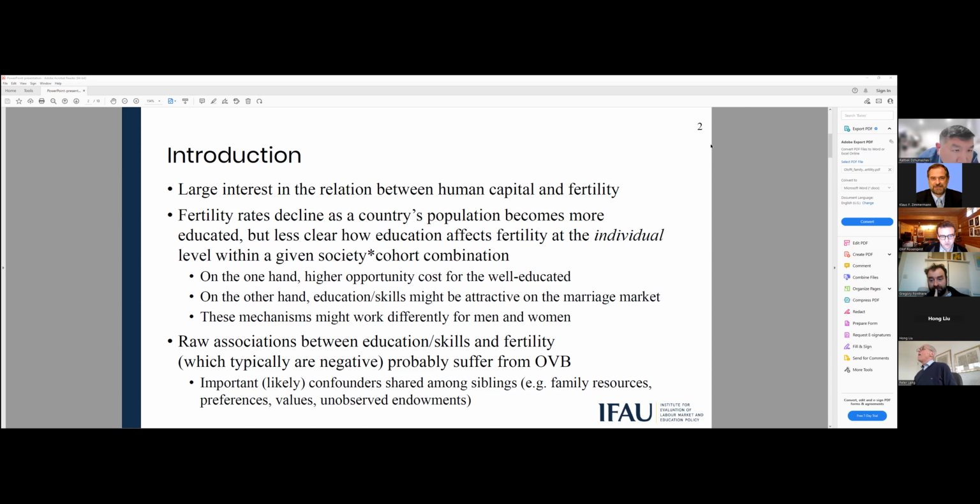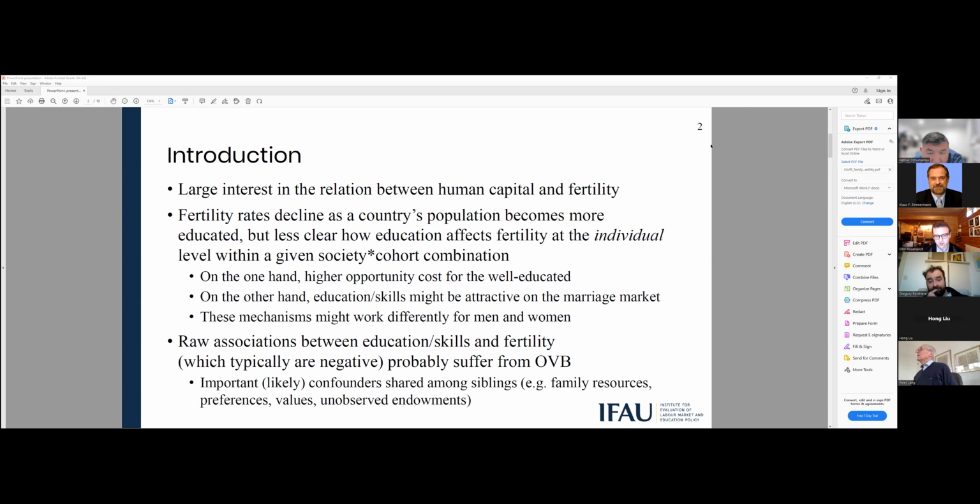And if you look at the raw associations between education or different skill measures and fertility, which typically are negative, almost always negative for women at least, it's very likely that they suffer from different degrees of omitted variable bias. And we argue in this paper that some of the most important or likely confounders here are going to be shared among siblings. So for example, family resources, preferences over education versus fertility, values or unobserved endowments.